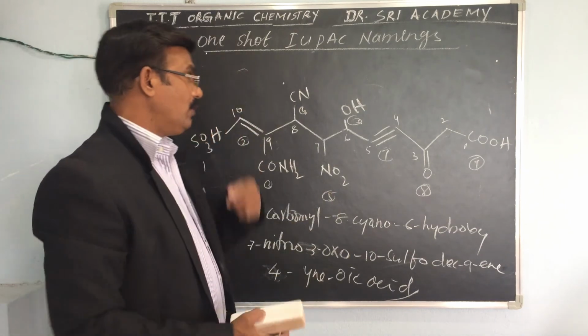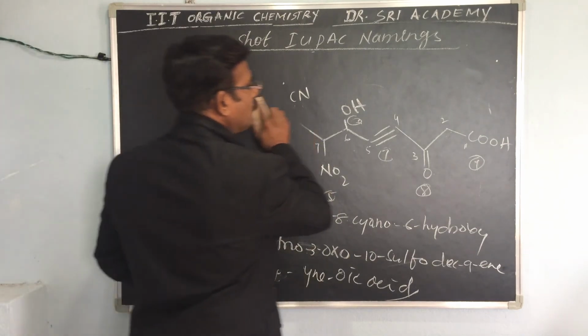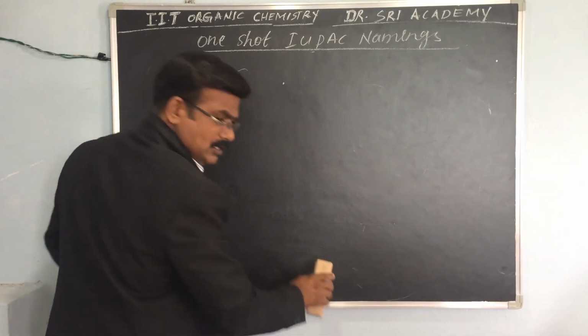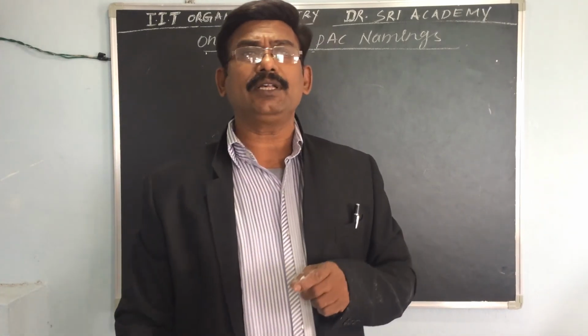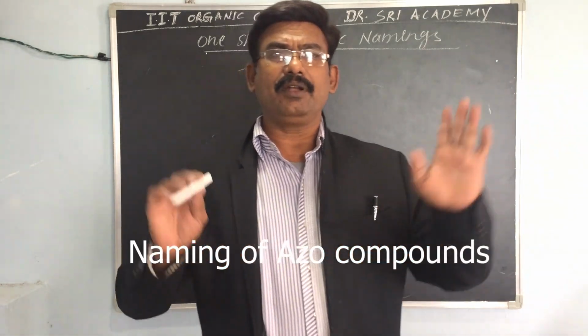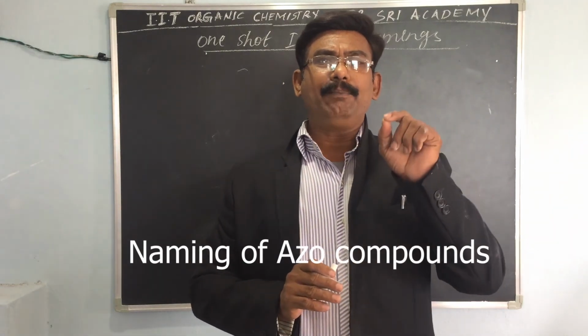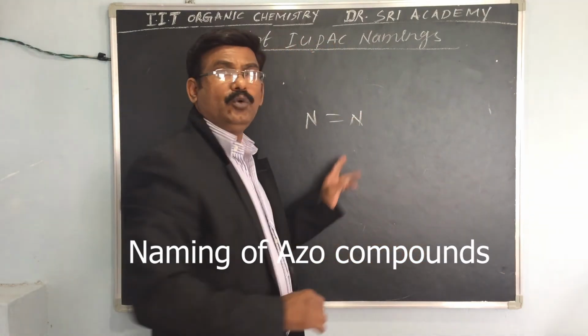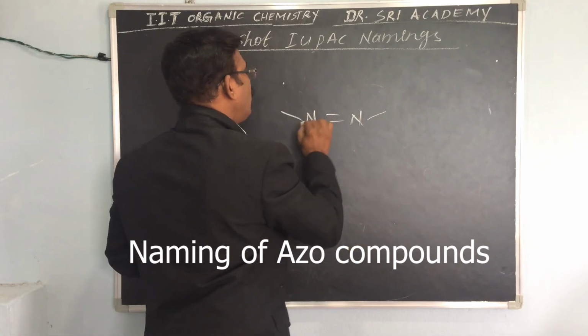Okay, thank you very much. And one more simple thing, we have to see the azo compounds. That is so simple. Only 2 examples I will give. For example, 2 nitrogen groups connected. What is this name?